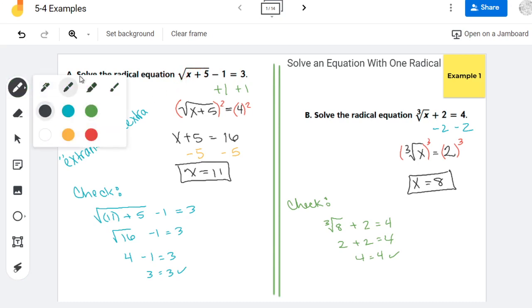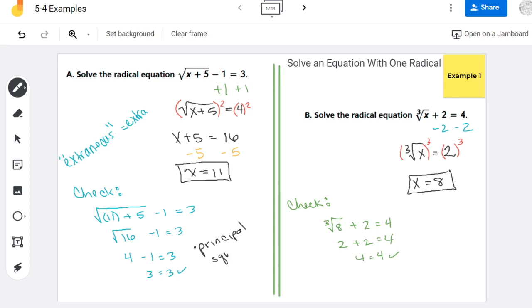We aren't using the square root as a tool to solve here, we are just taking the square root. This is a concept called the principal square root. If you have a problem where there's already a square root there, and you're not introducing a square root into the problem, we're taking the principal square root, which means that we're just using the positive version of it.